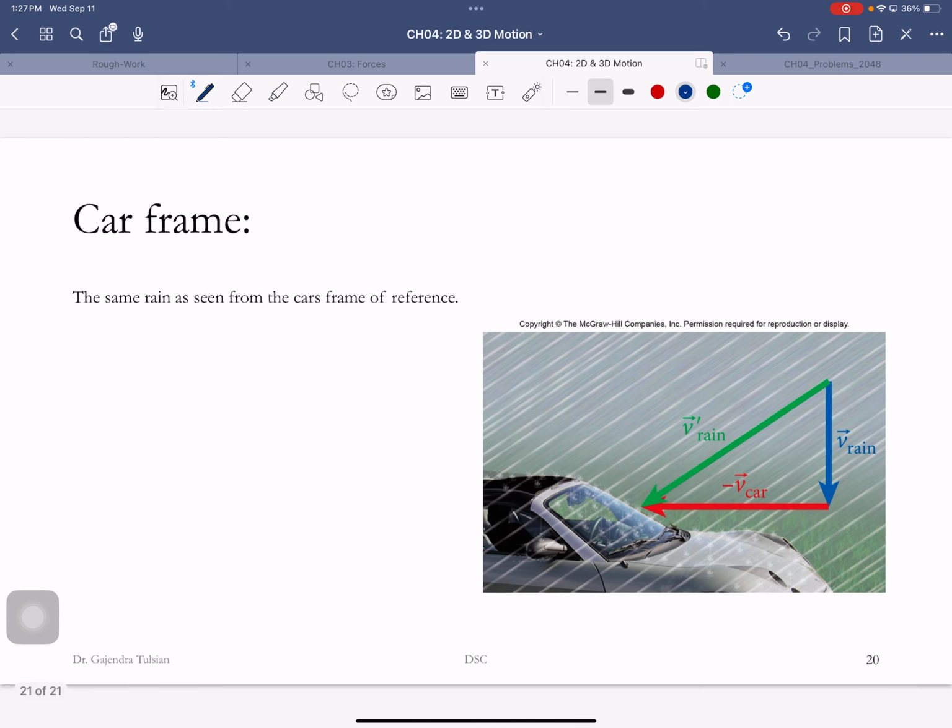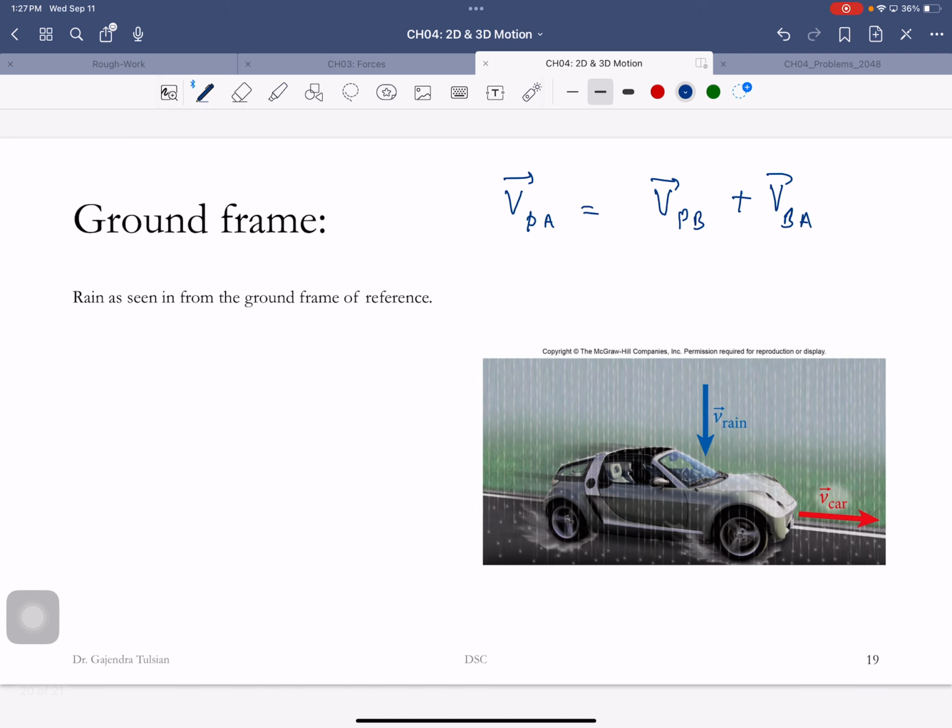All right, so for instance, in this picture, okay, so here's rain. So what we're interested in is analyzing the following. So here's rain falling straight down, and you're driving on the road. And what you want to see is how does it appear to you? How does the rain fall for you driving in the car? Okay, what does it appear to you?